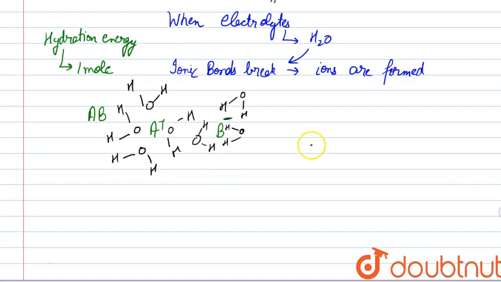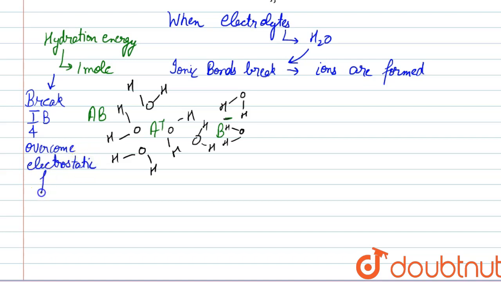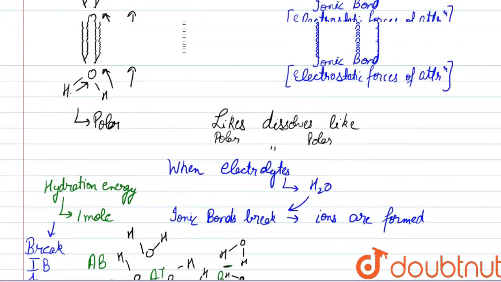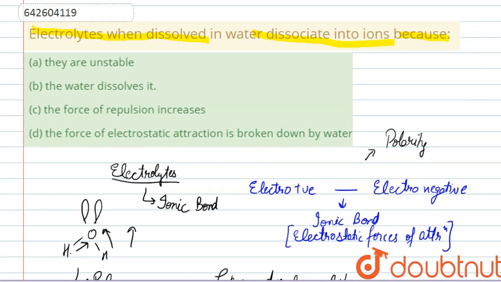Now this hydration energy will break the ionic bonds. Hydration energy breaks the electrostatic forces of attraction, breaks ionic bonds, and overcomes the electrostatic forces, so the dissociation of the electrolytes takes place. So this is the reason.